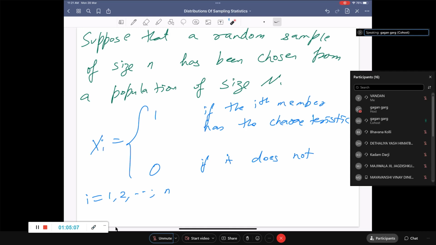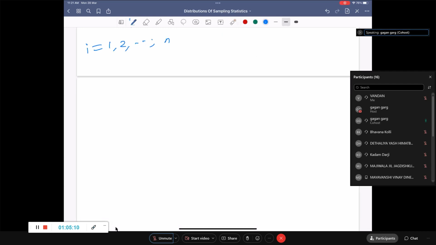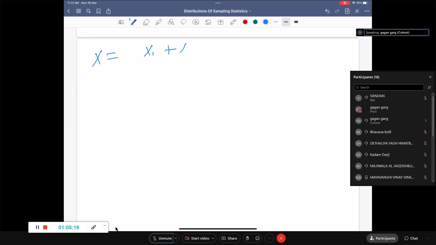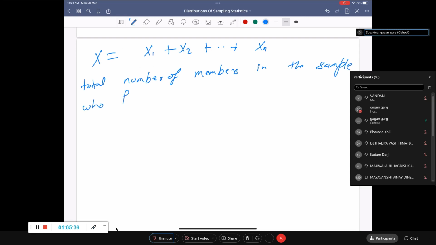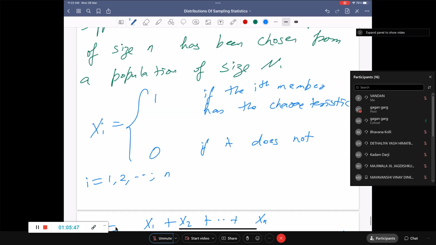Okay. So now in terms of xi, we define x. So what is x? The total number of members in the sample who have this characteristic. So suppose again we go back to this example of being left-handed.